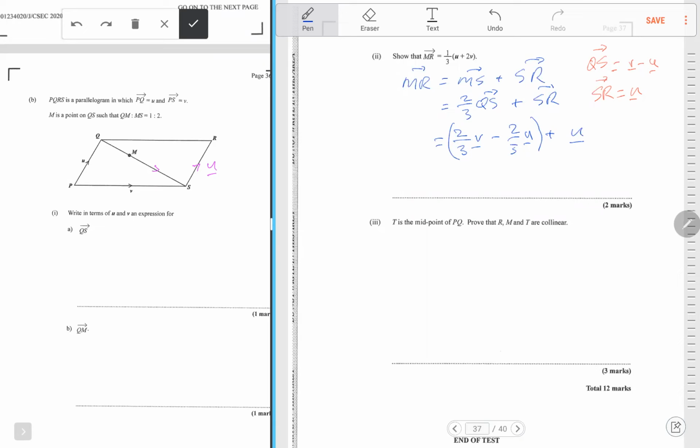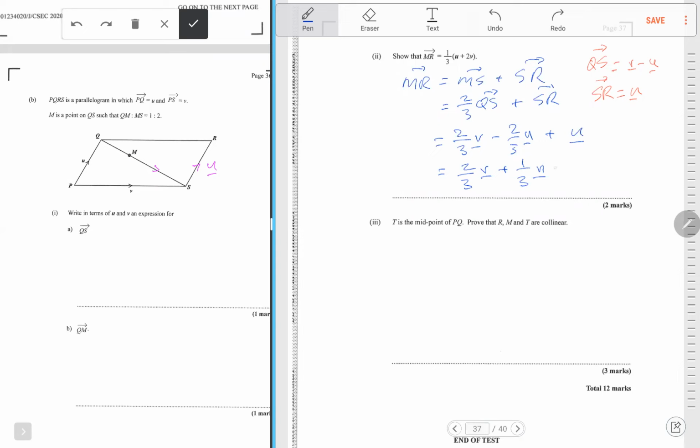And now remember proving that thing. So this becomes, let me remove the brackets, we have this whole U minus 2/3 U. A whole U minus 2/3 U gives you 1/3 U. So this becomes 2/3 V plus 1/3 U. And then the answer up here that we're trying to get, what they have basically done is factorize 1/3.